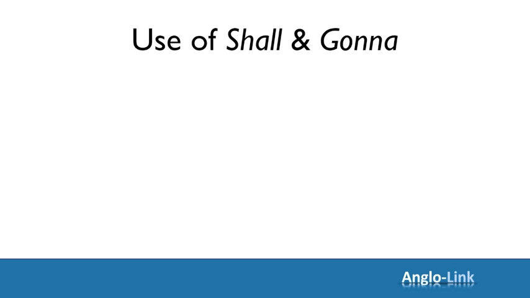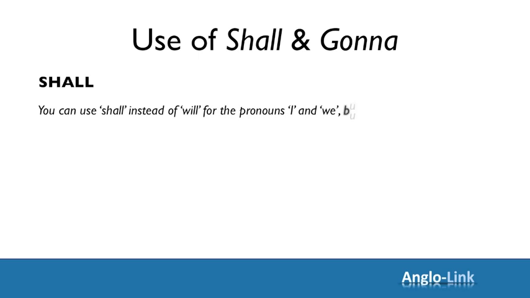Well, that should have clarified the differences between will and going to for you. Before we move on, I'd just like to point out two words that you will come across quite often. One is shall and the other is gonna. Now, shall is a very formal word if used for the future tense. It goes with the pronouns I and we. But if you use it, you will sound quite formal.